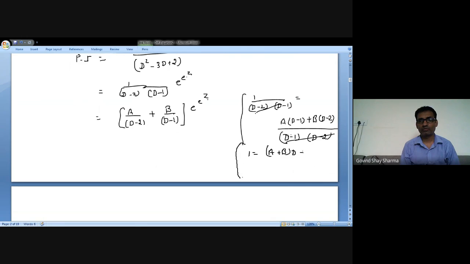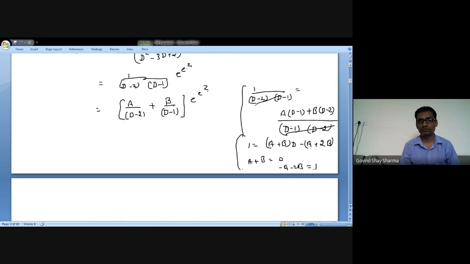Taking D common, by comparison we get A plus B is equal to 0 and minus 2A minus B is equal to 1.